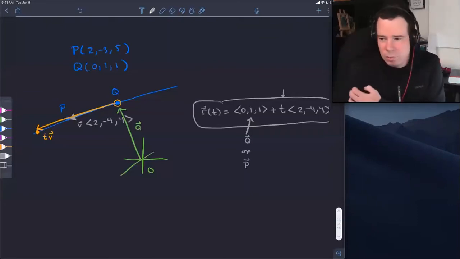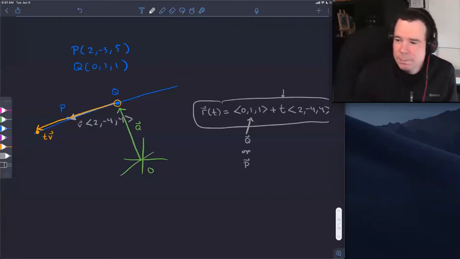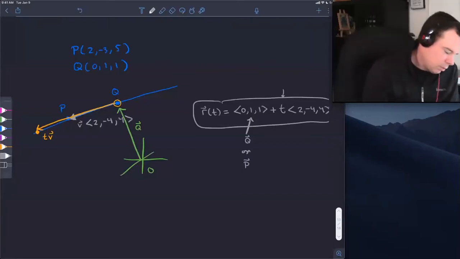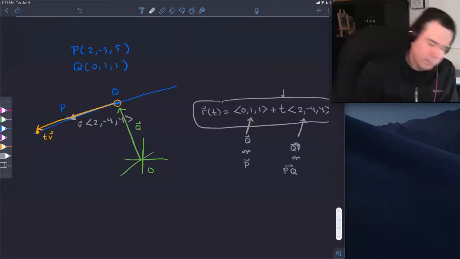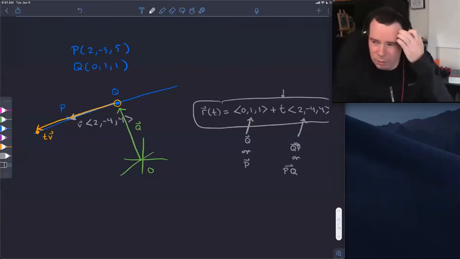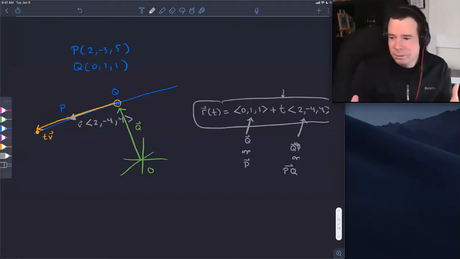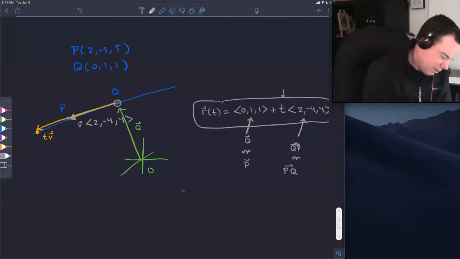I just didn't give you an option to construct it with the P. Similarly for the vector, this could be the vector QP, or we could have chosen the vector from P to Q, just the opposite, the negation of it. So these are all correct answers. They were just not options available in the multiple choice.